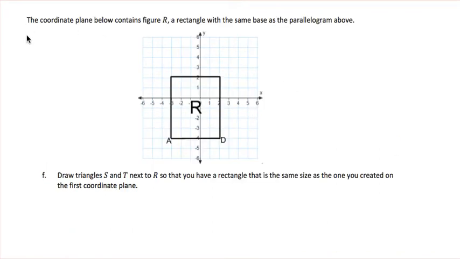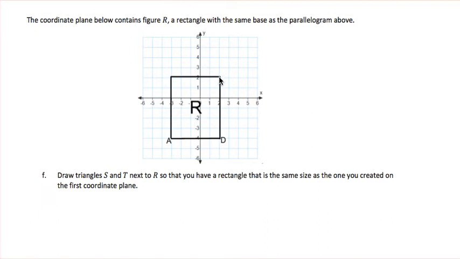In our next activity, we're looking at a coordinate plane that contains figure R, which is a rectangle that has the same base as the parallelogram we had before. We're going to draw triangles S and T next to R so that we have a rectangle that is the same size as the one we created on the first coordinate plane.